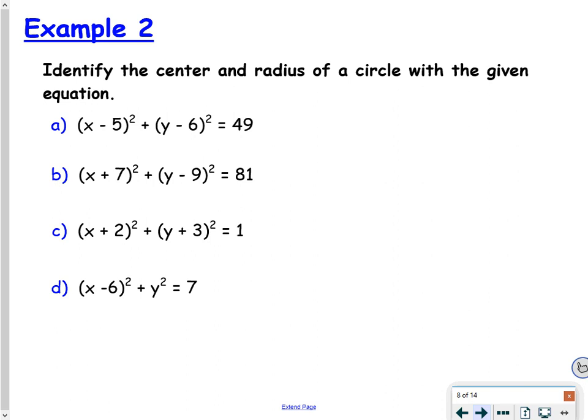Really simply, we're going to go through some examples where we identify the center and then tell what the radius is. For part A, the center is going to be (5, 6). You might be wondering, why does it say -5? Why is the x-coordinate 5?